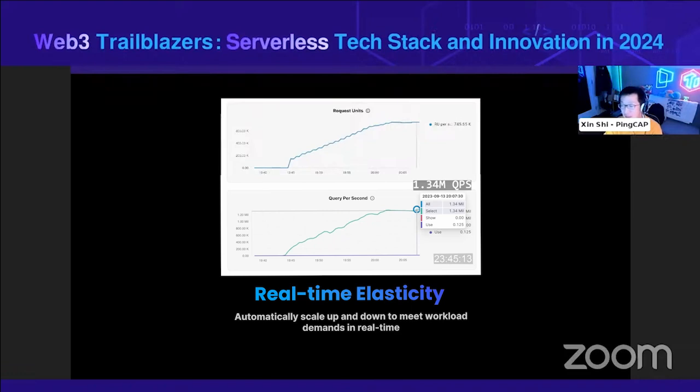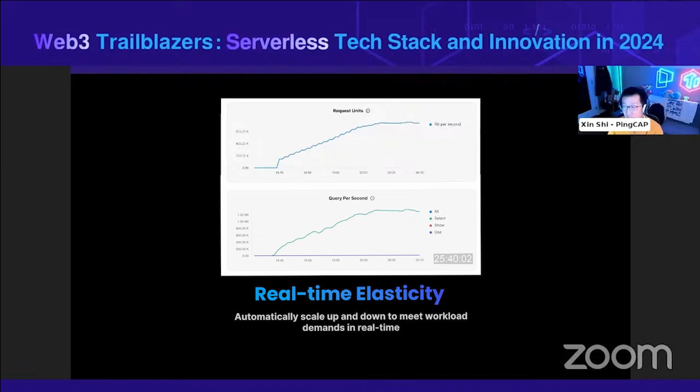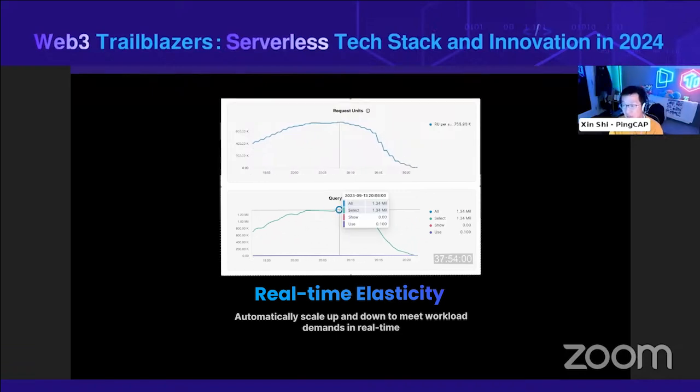And you can see the peak QPS is about 1.3 million per second. That's a huge number, which means you can serve millions of customers in 1 second, millions of transactions in 1 second. That definitely meets our Web3 industry's requirements.